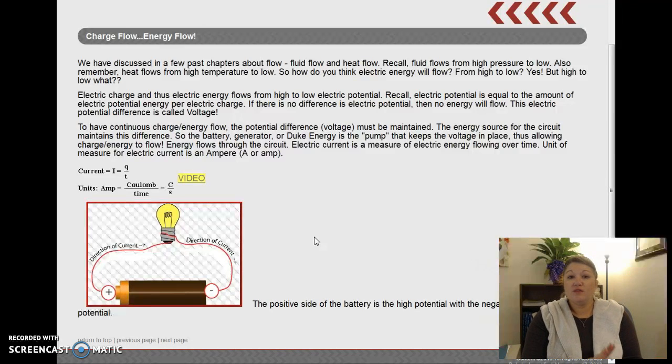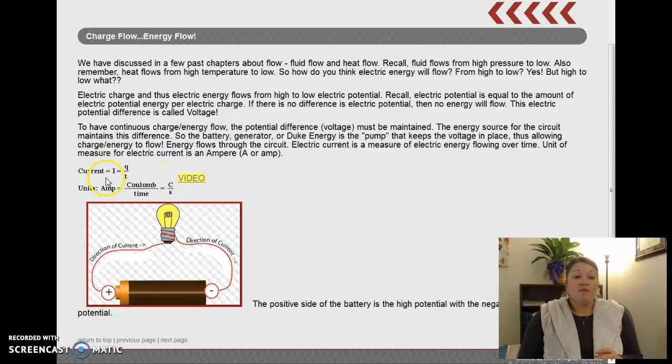Your electric current means how much charge is flowing by a particular point at any given time. You can see from our equation here, current is charge over time. Now there are other ways to measure current, and we will get to that, but here's the basic definition: how much charge flows per time.